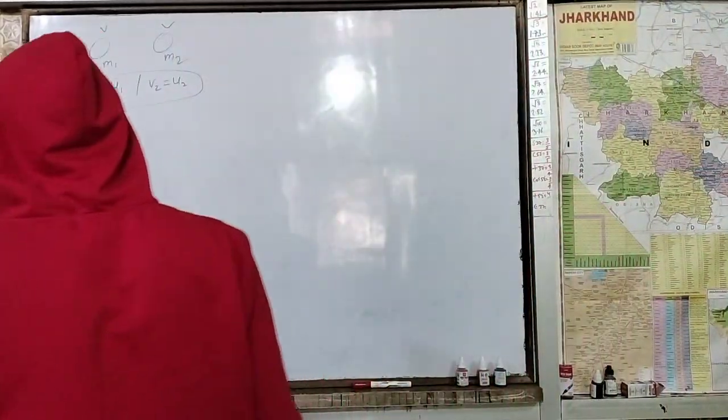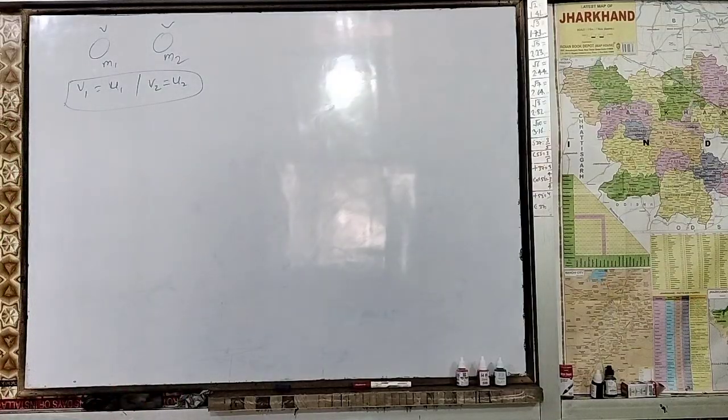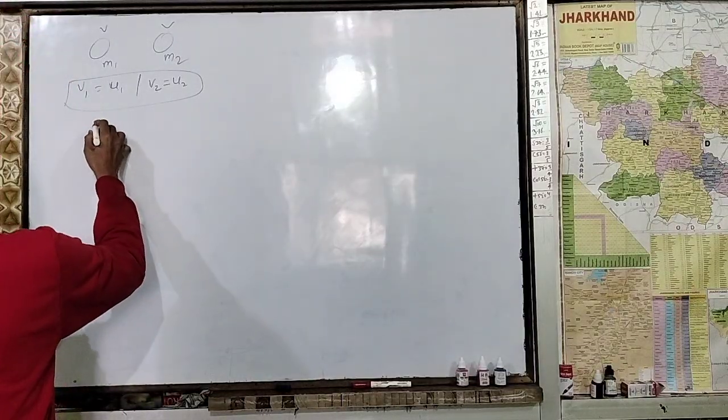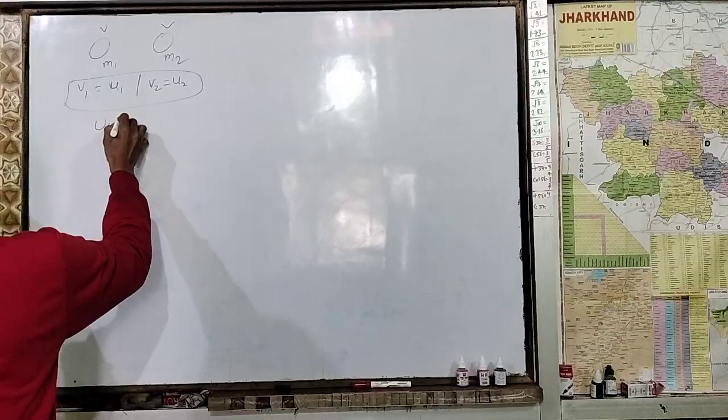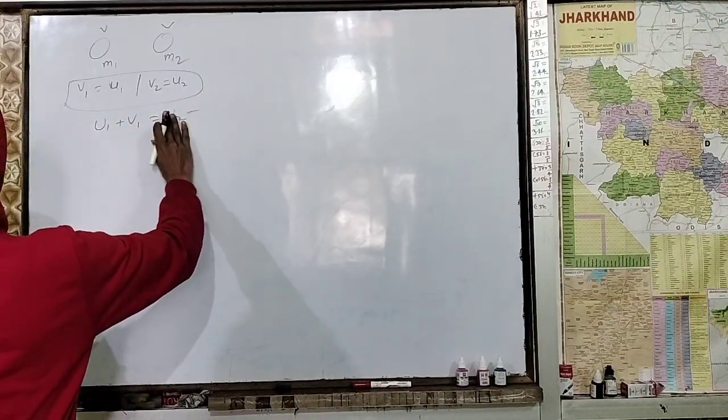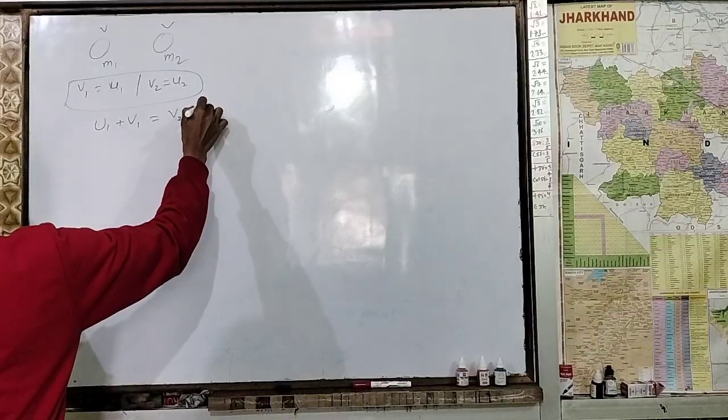Look over here, a relative velocity. A relative velocity before collision is nothing but u1 plus v1 is equal to u2 plus v2.